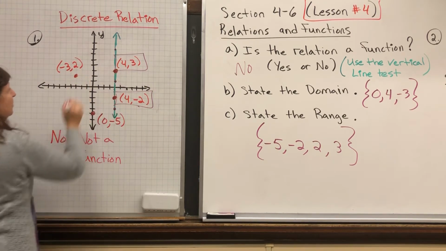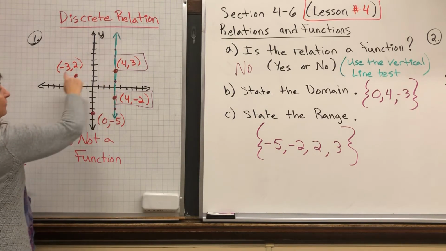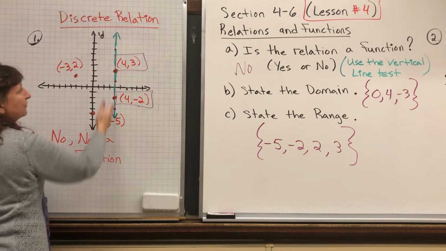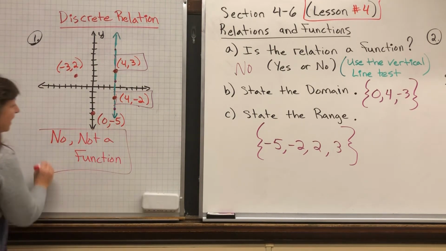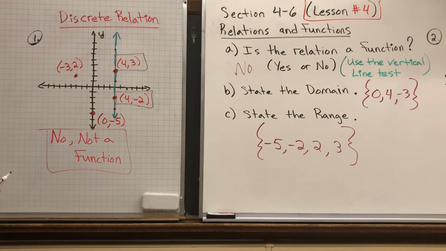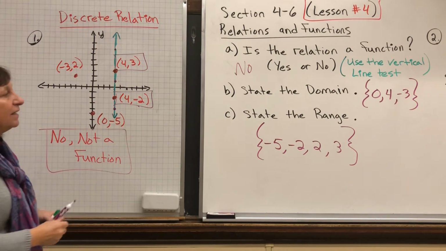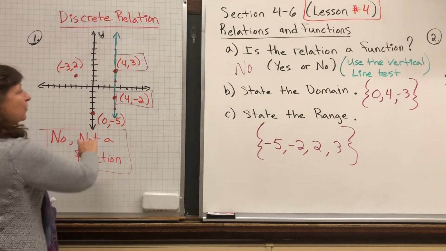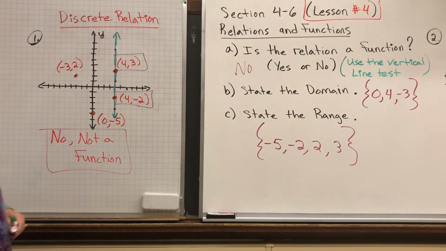I went over those 4 points in red to demonstrate that this is a discrete relation, and because these 2 points fall in the same vertical line, it allows me to determine that it is not a function. And then from there, I can state the input values as my domain and the output values as my range. Basically, the x values are my domain, and the y values are my range.